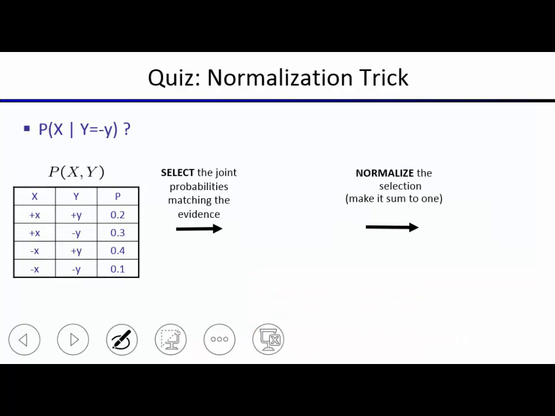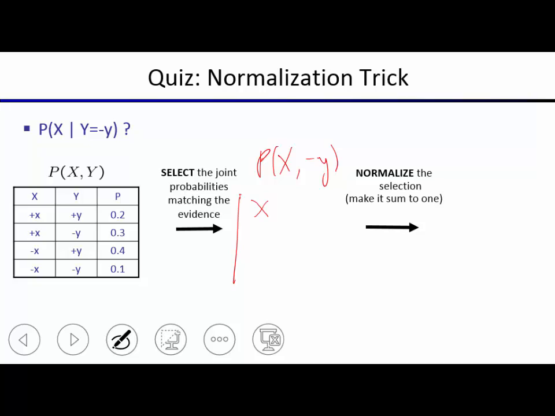So let's try this out on a small example. What's the probability of x, where x could take on plus x or negative x, given y equals negative y? Okay, what does the normalization trick do? It says, well, what we need to do is first subselect. So we grab the table x comma negative y, which will have x as a variable, y will be negative y, so it'll be fixed.